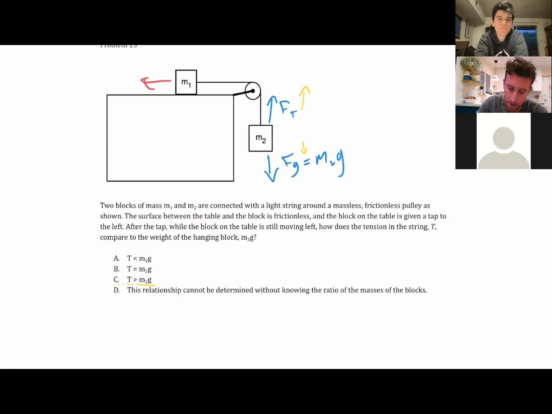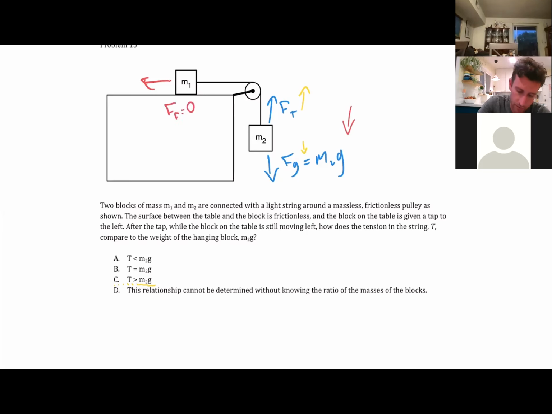Gravity is pulling down, but because the mass is going that way, there still has to be an overall force downwards, right? Even if I'm pushing that way, I still need an overall force down, because F sub T, F sub G, there is no force of friction.